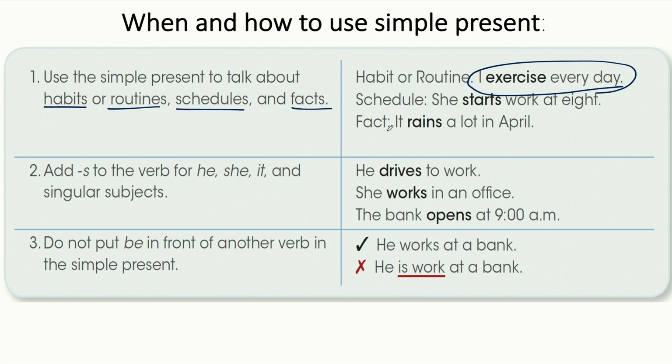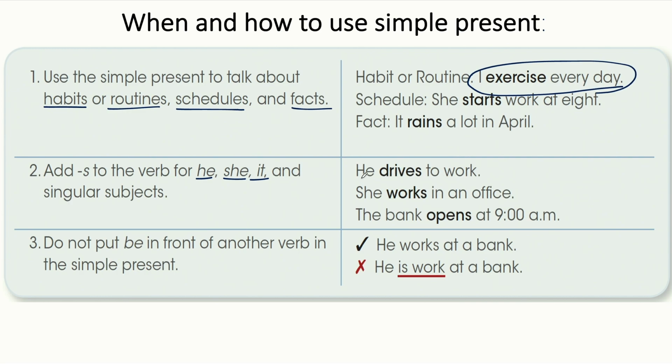Okay? Good. Now here, I can say, are rules. Look, add s to the verb for he, she, it, and singular subjects. And do not put be in front of another verb in the simple present.